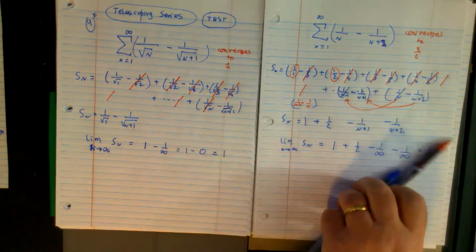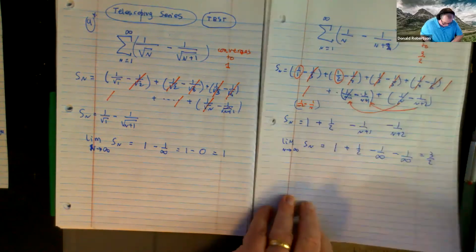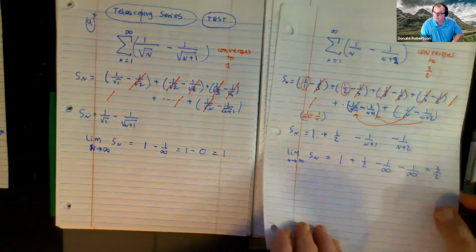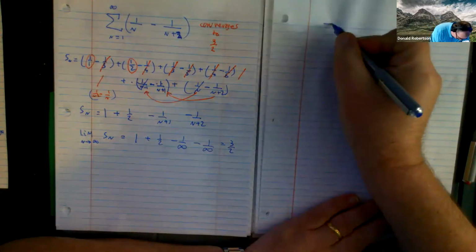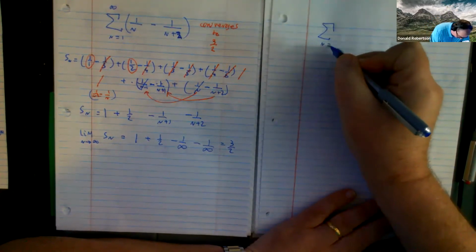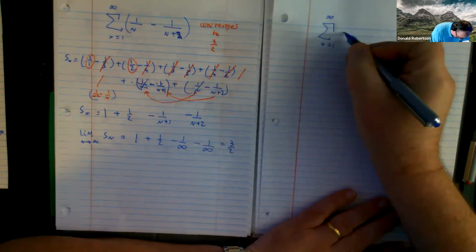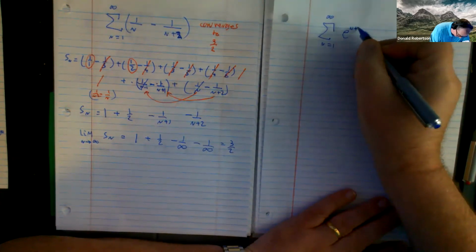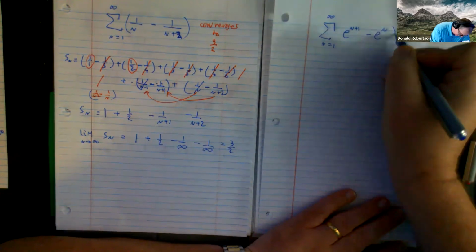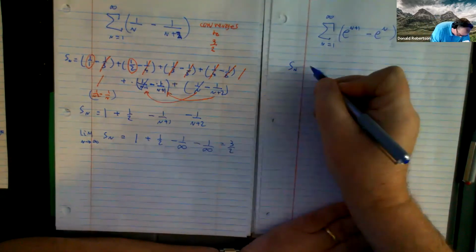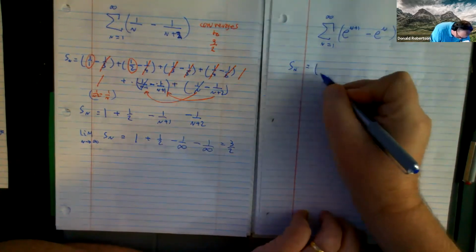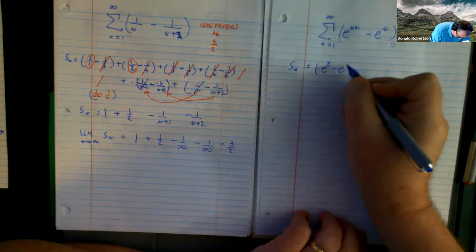Thank you. Right. So let's show you one divergent, right? So let's suppose I did sigma n equals 1 to infinity, e to the n plus 1, take away e to the n. And I'll set up my SNs, and you plug in 1, you get that.